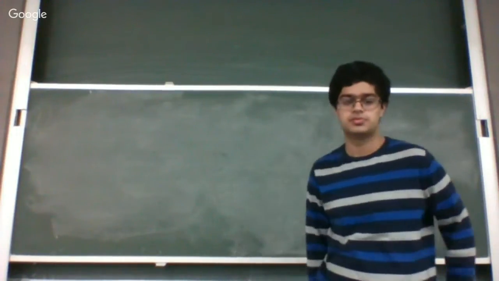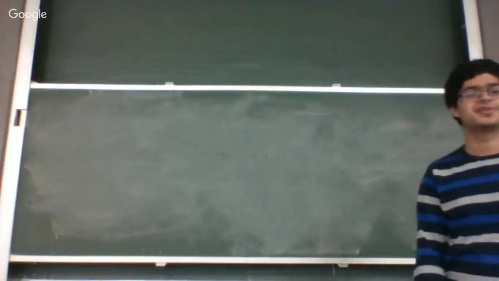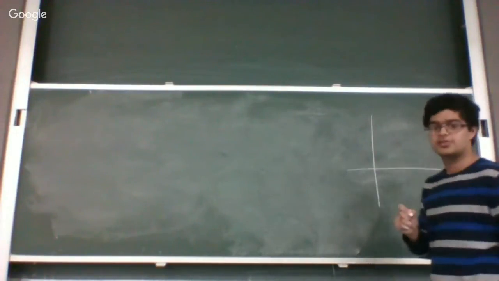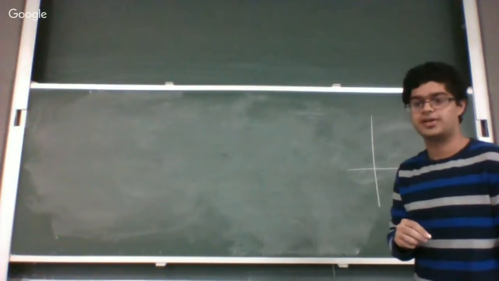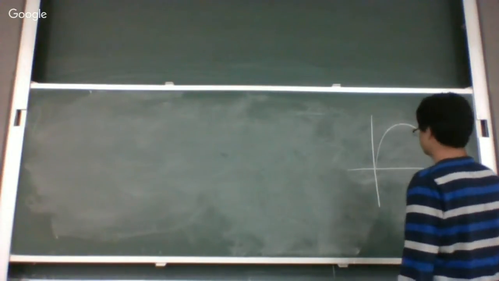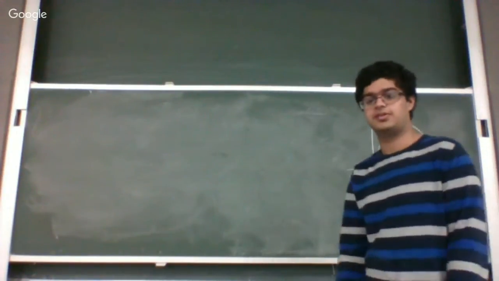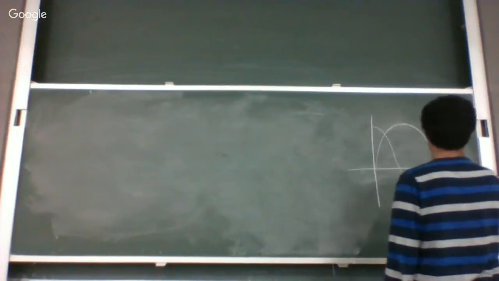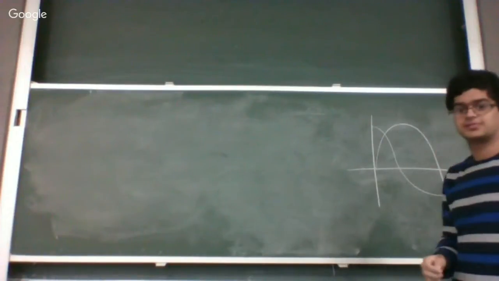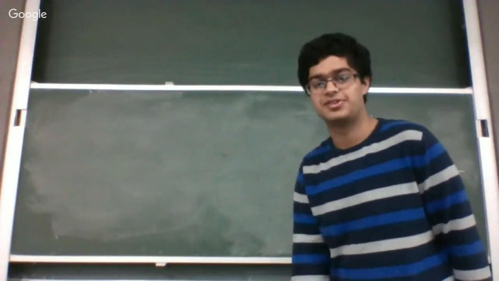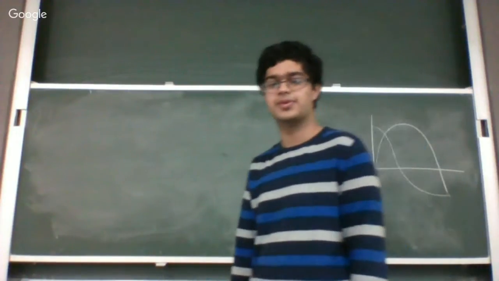So, your practice test may be very similar to what I'm doing. Say we have y is equal to sine of x, and then y is equal to cosine of x. They could do, or they probably will have a problem like this.